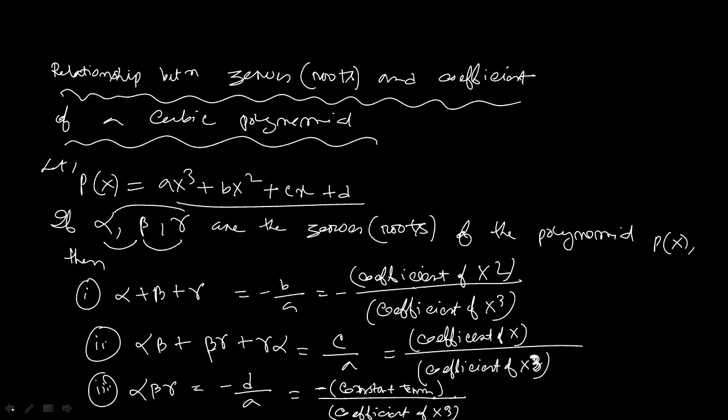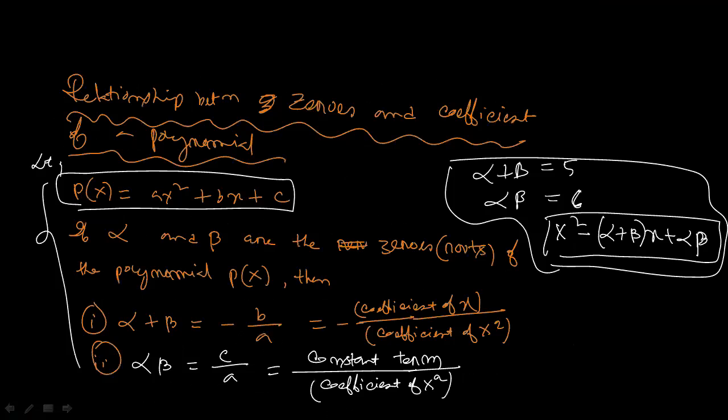So this way you can remember that in a quadratic polynomial the denominator is the coefficient of x square, and the numerators follow the coefficient of x.